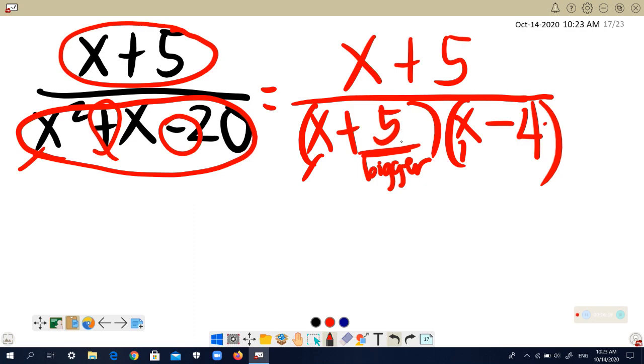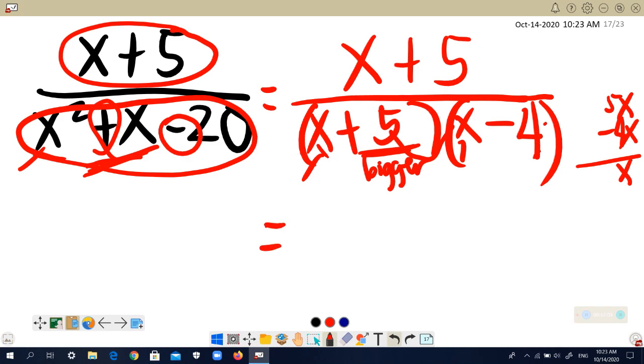Using the product of the means and the extremes, we have 5 times x, let us use this side as our scratch, 5x. Then, x times negative 4 is negative 4x. When we combine, it is positive x. So, it is the same as our middle term. That's why we have the correct factors, x plus 5 times x minus 4.